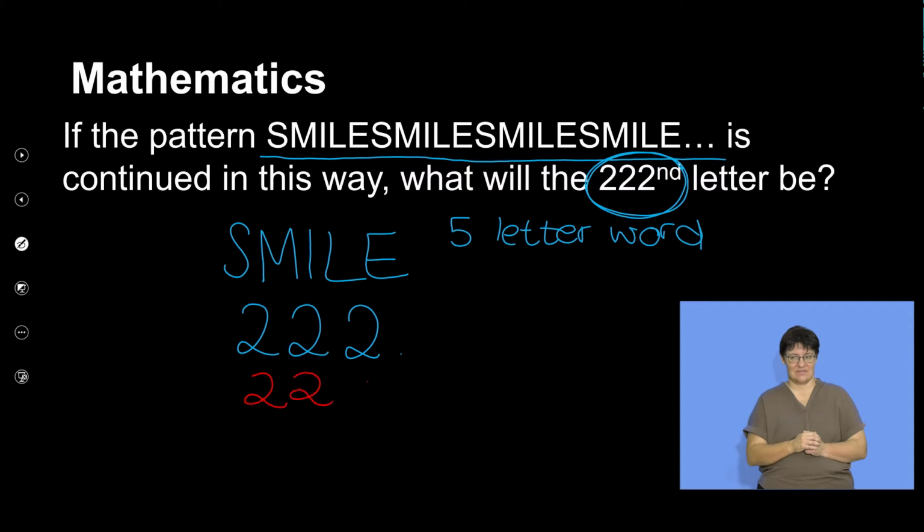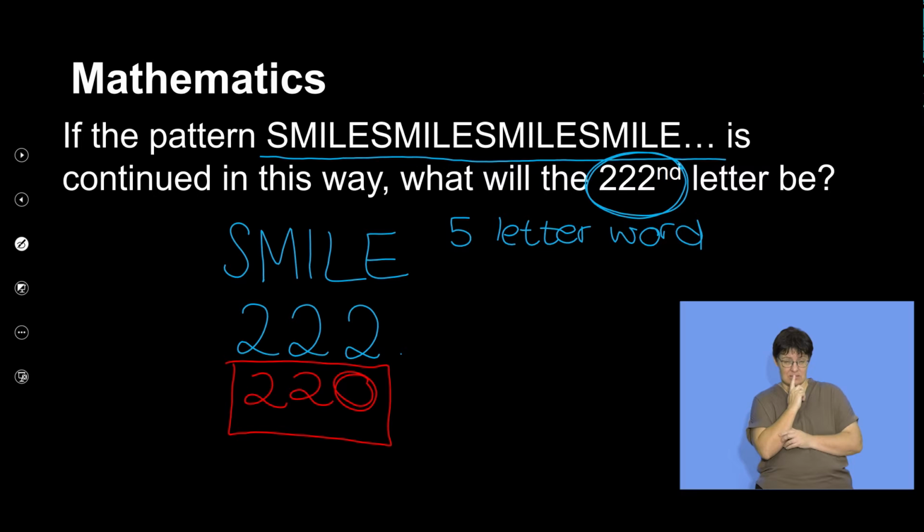So 220 is a number that is a multiple of 5 that has occurred close to 222. And we can see that with 220 letters in this pattern, we would have had the word smile repeated 44 times.